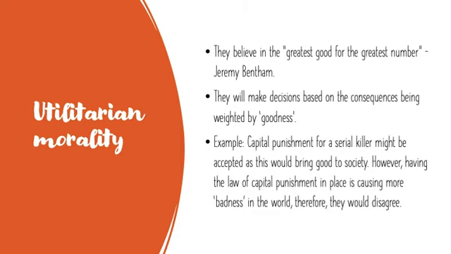However, having the law of capital punishment in place could be causing more badness in the world, therefore, they would disagree with capital punishment as a whole. So, having the law of allowing the death penalty in a state might be causing more negative impact on society than bringing good. So they may disagree with it.